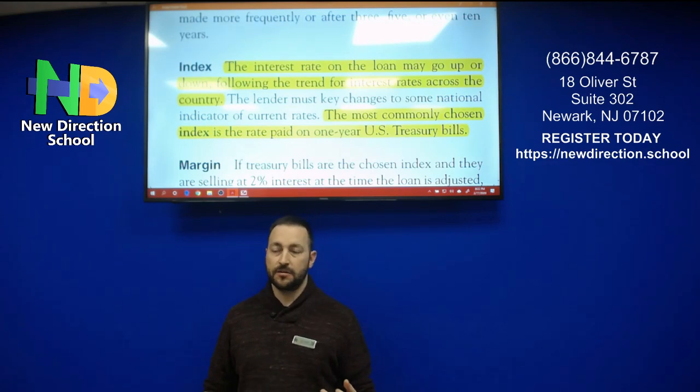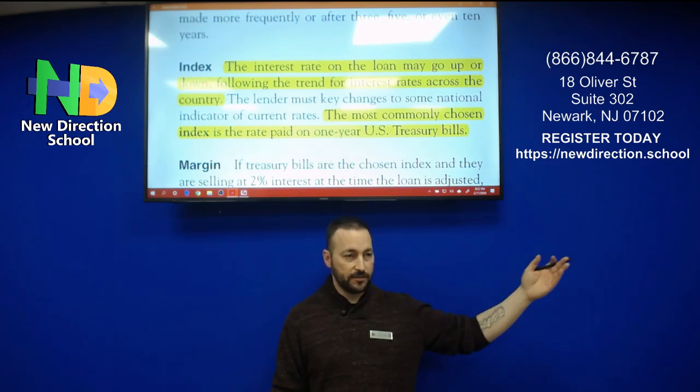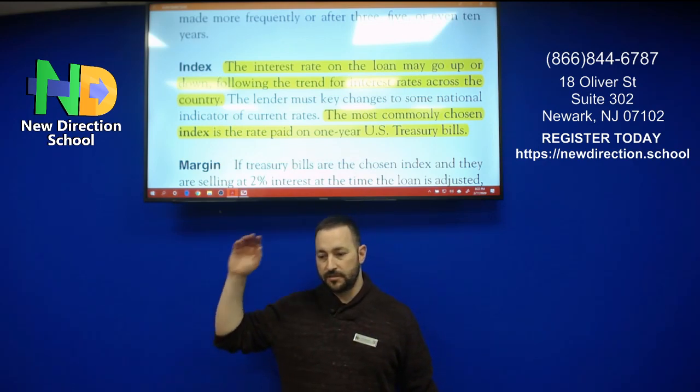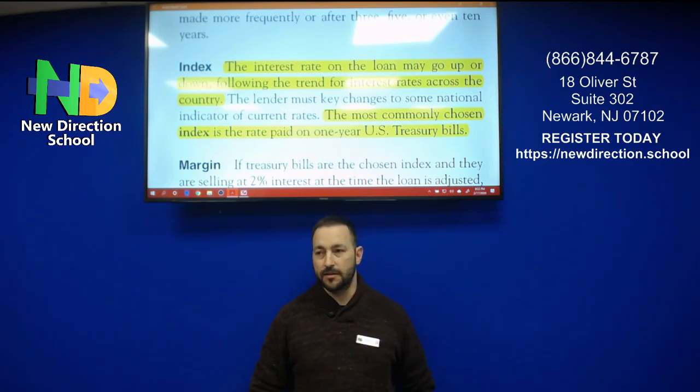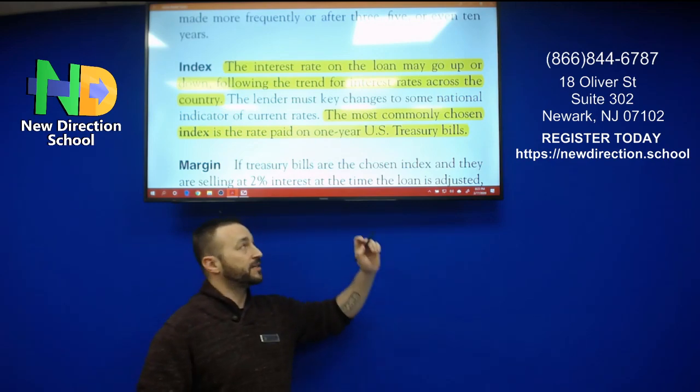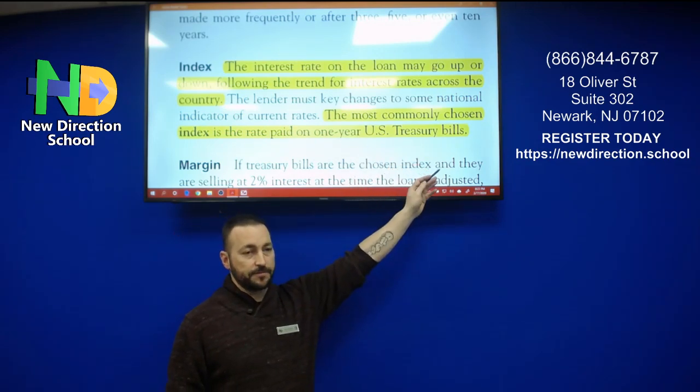But there are loans based on LIBOR, the London index. There are loans based on whatever the S&P 500 is doing. There are loans based on the Japan index. There are loans based on a bunch of stuff. The traditional loans, the Wall Street Journal predicts, are based on U.S. Treasury bills.